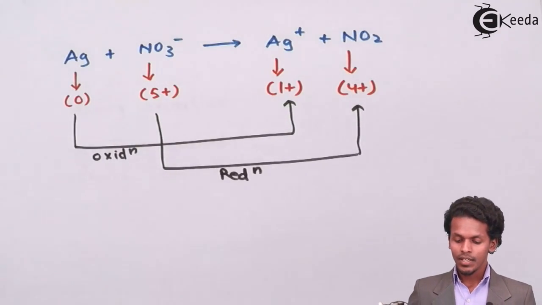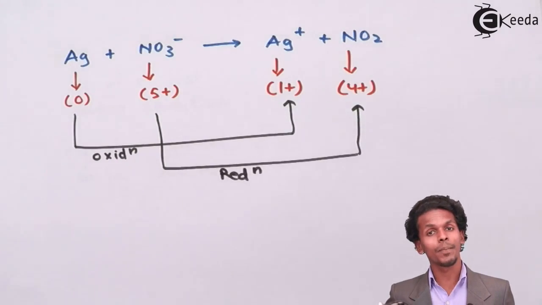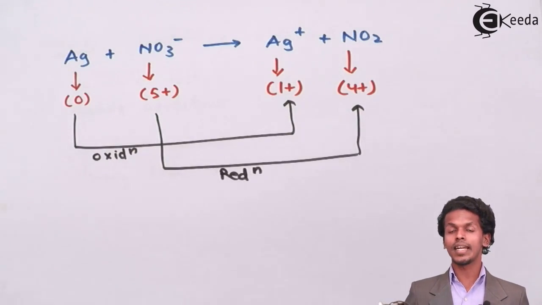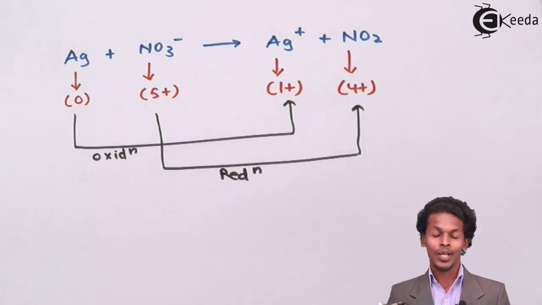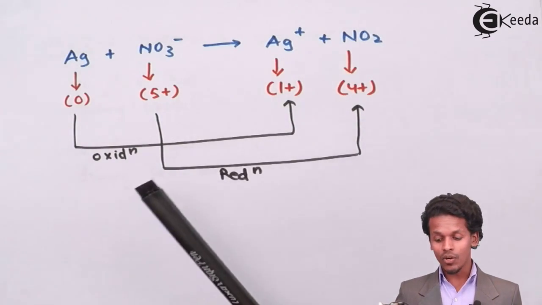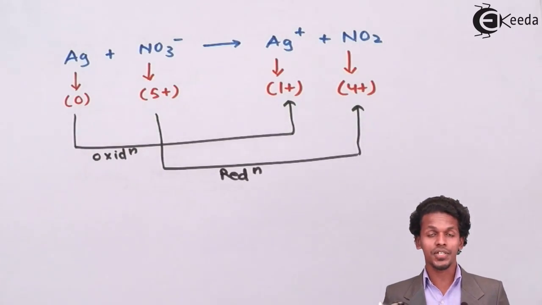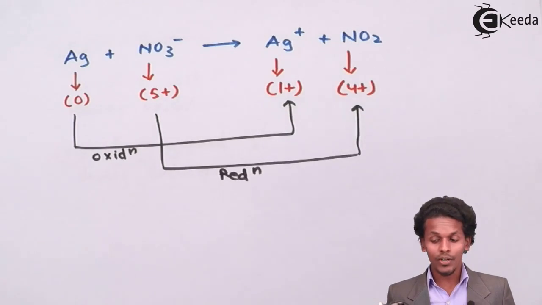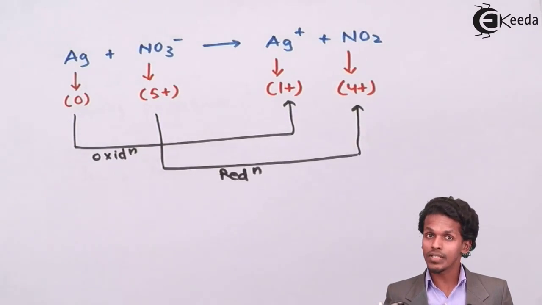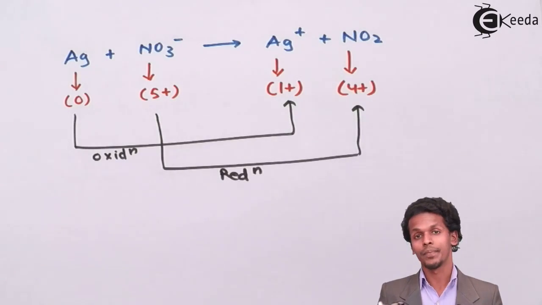As you can see, to convert the oxidation number 0 to 1 plus, the number of electrons lost will be 1, while the number of electrons that this 5 plus will accept, when we change the oxidation state from plus 5 to plus 4, the number of electrons accepted would be 1.